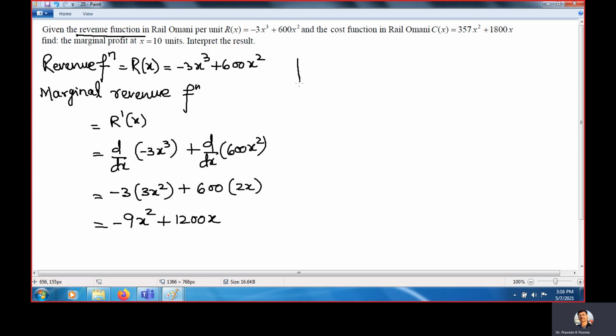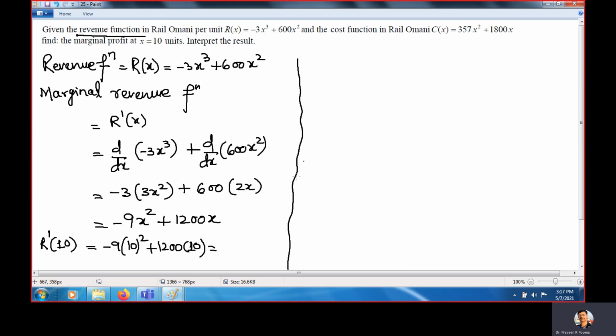Now what is he asking? He is asking marginal profit at 10 units. Okay, so marginal revenue means R dash x at 10. If we calculate minus 9 into 10 square plus 1200 into 10. Let us multiply.